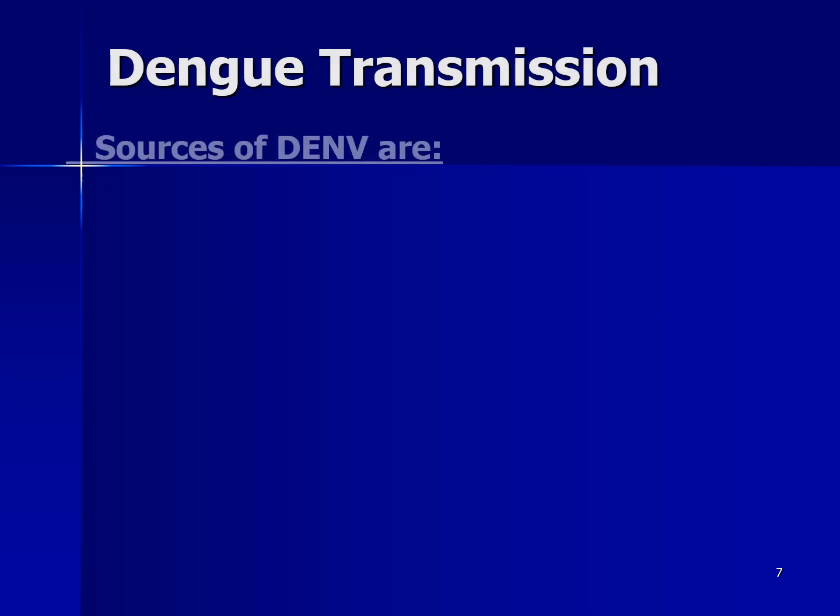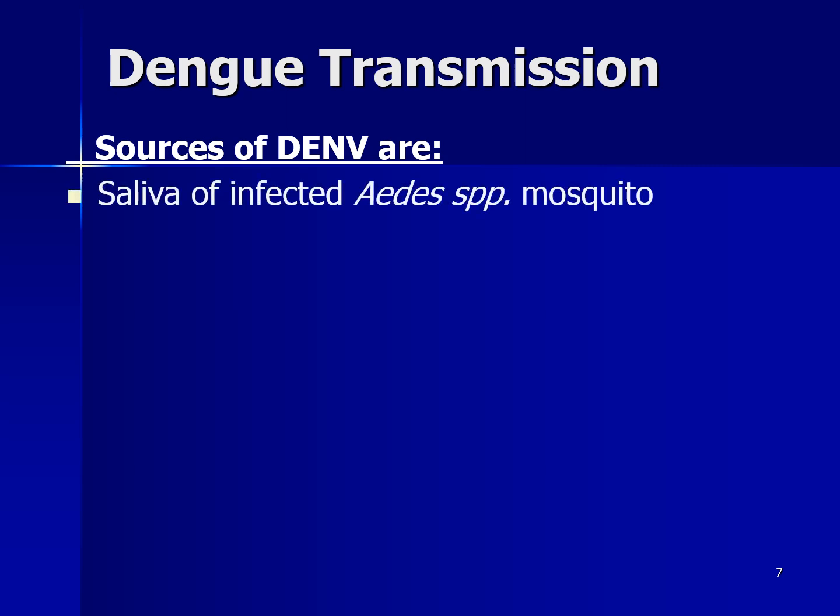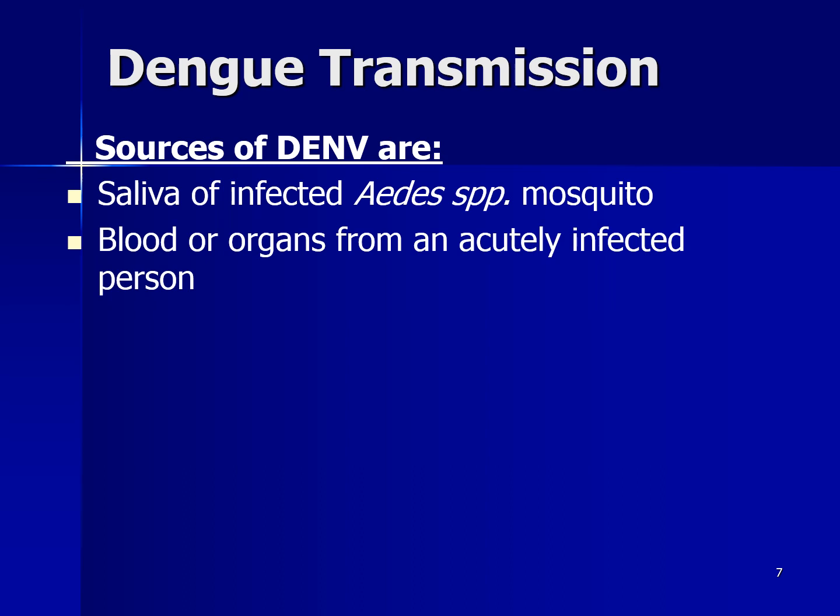If we talk about dengue transmission, we first need to know the sources of dengue virus. The sources of dengue virus are the saliva of an infected Aedes species mosquito, and blood or organs from an acutely infected person. So these two are the basic sources of dengue virus.